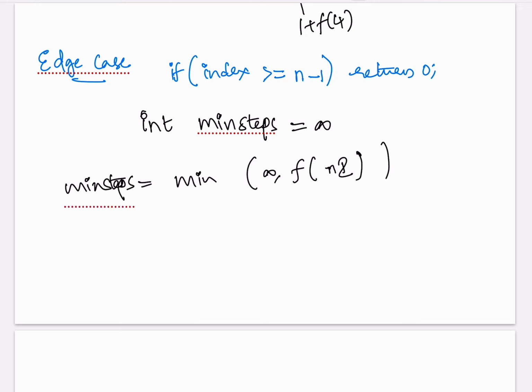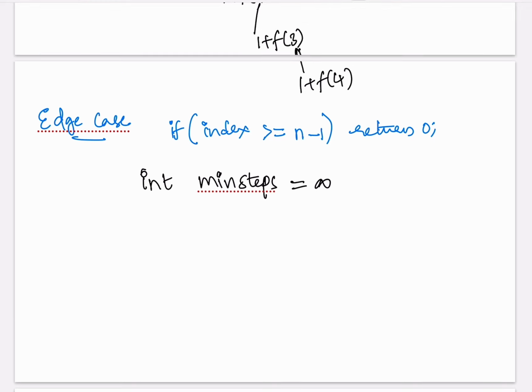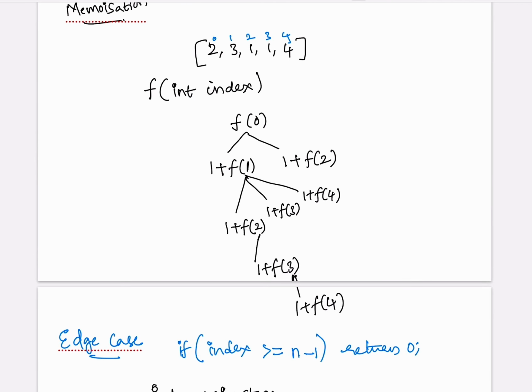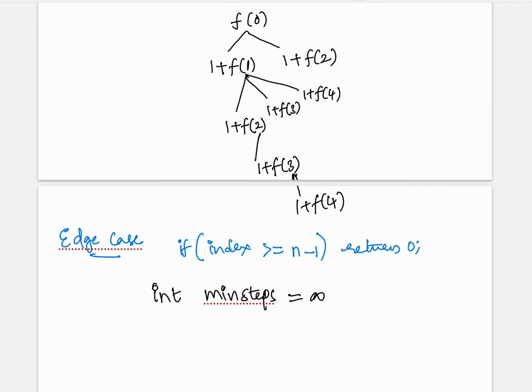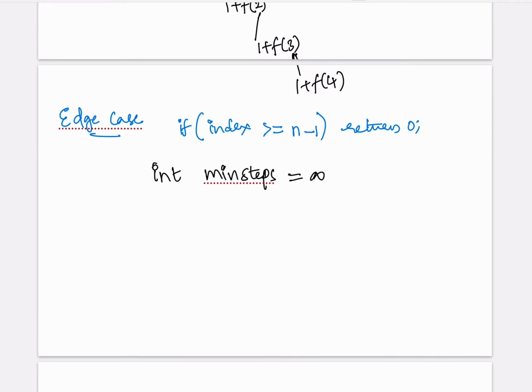So let's say do this. So till here we are fine that okay, the possibilities are got. How do we find the minimum? This is the case we have to discuss. How we can go for minimum.